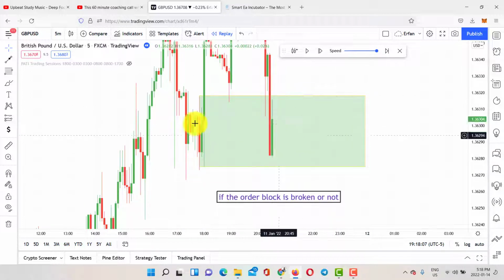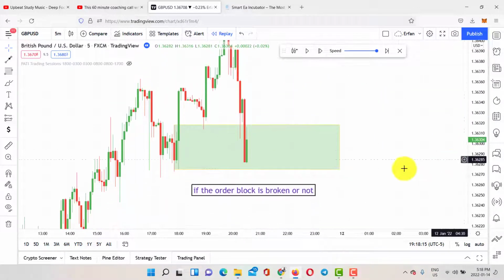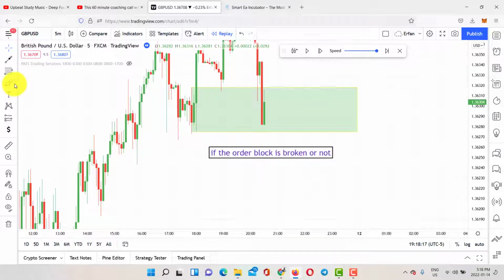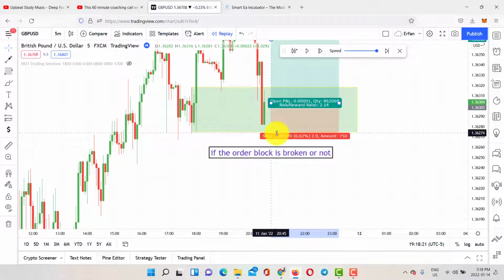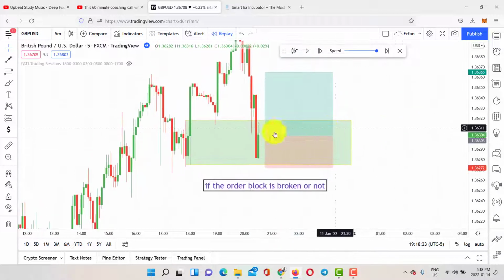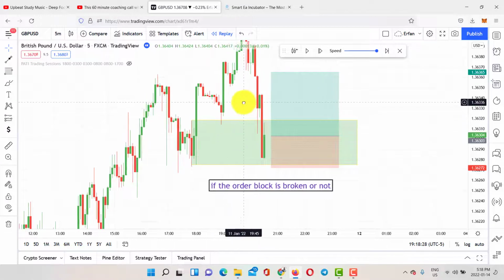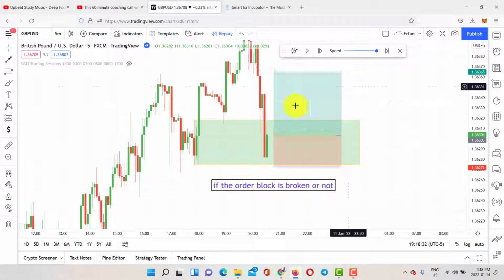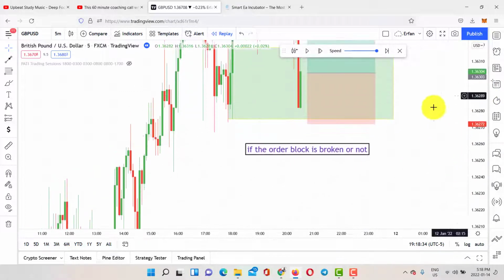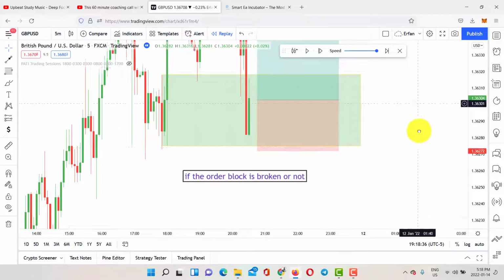But since it's in the middle of the order block and nothing is going on, we still have a high chance to re-enter our trade, and then we can leave a runner, and this time we can put our stop loss underneath this order block right here. See what I mean? Because even this one is a really good candle in the order block, and it's a very good indicator that it might go up again. But since it's not broken out of this order block, it's still valid.